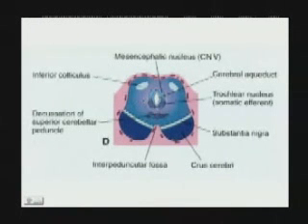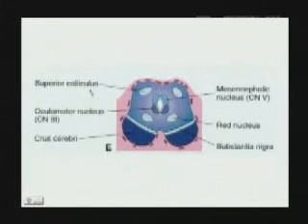We've got the cerebral aqueduct running right through the middle there. The superior colliculus is much the same as the inferior colliculus, but this connects to the lateral geniculate body of the thalamus and is responsible for visual reflexes and information.